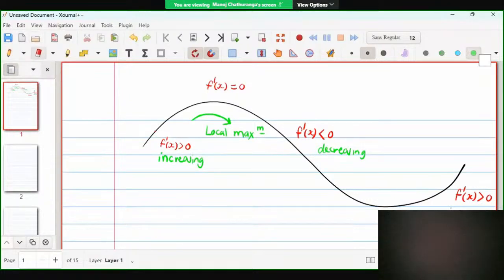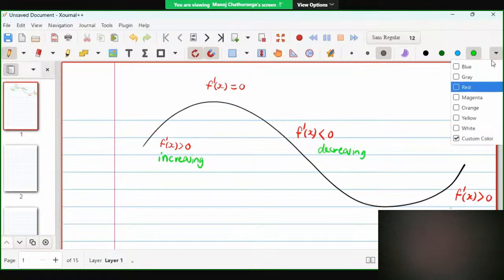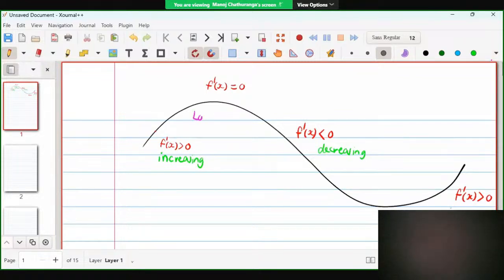Maybe I'll use a different color. Local minimum.